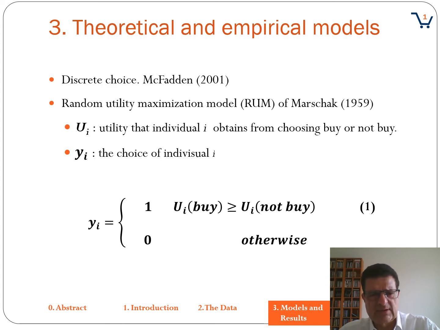And in this model, what we do is characterize the utility that an individual i obtains from choosing to buy or not to buy. And we also characterize the choice of the individual with a dichotomous variable, 0 or 1, and that makes it important.